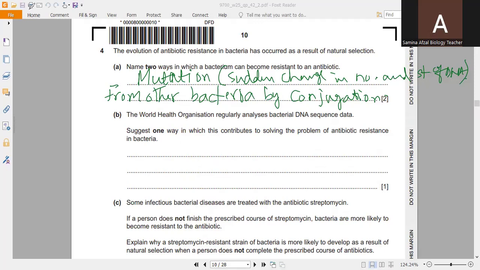Then track the spread of how the resistance of these strains moves geographically or between different populations, to implement better containment strategies.